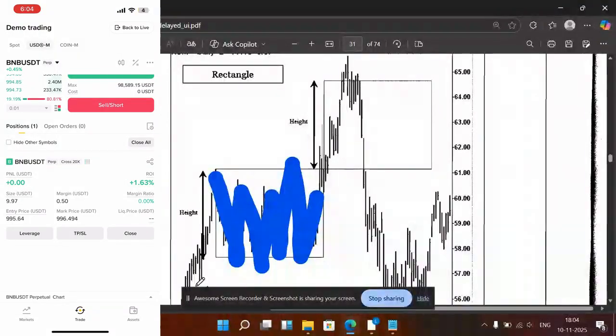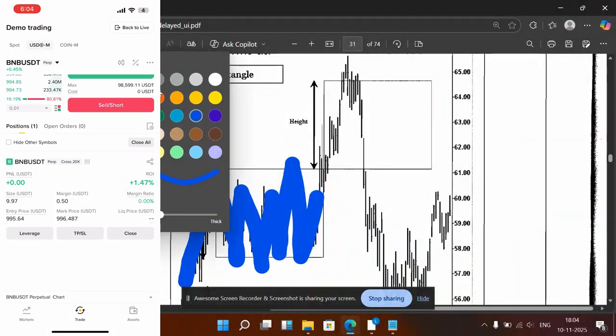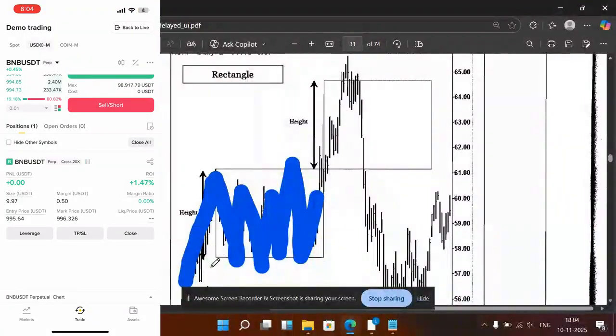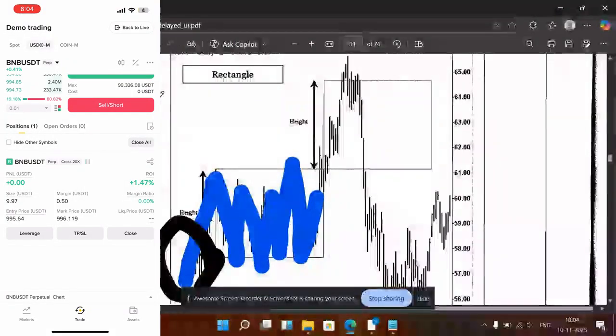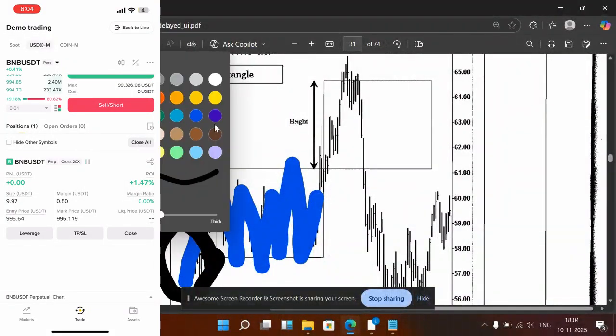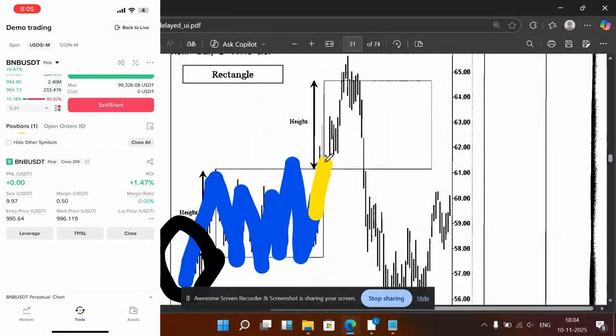But the price entered from here. Price entered from where? This is the most important thing that you have to look at, which is the origin. And our origin is this, and it is an uptrend, not a downtrend. Uptrend, so now here it's going to go up.